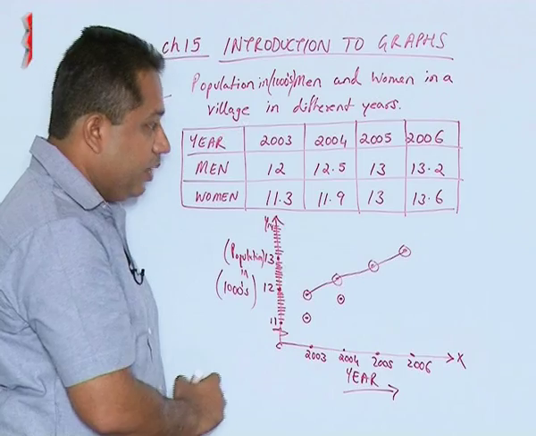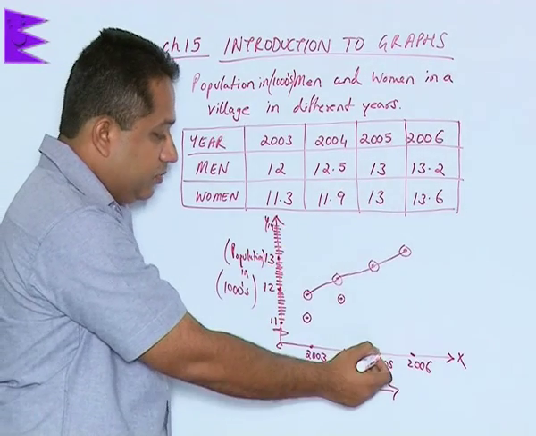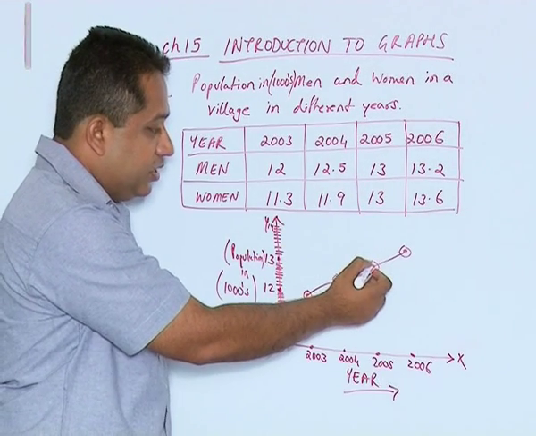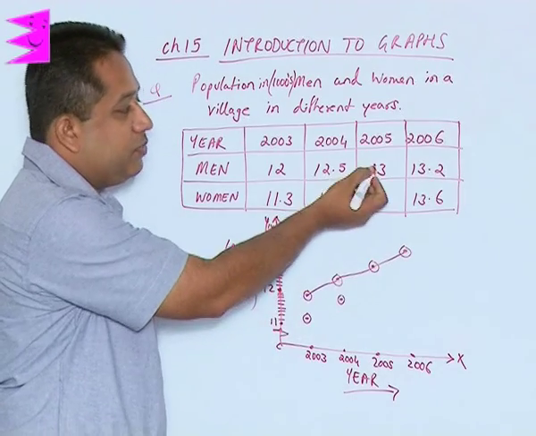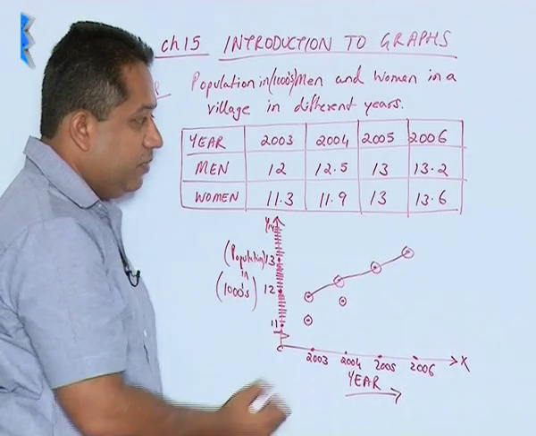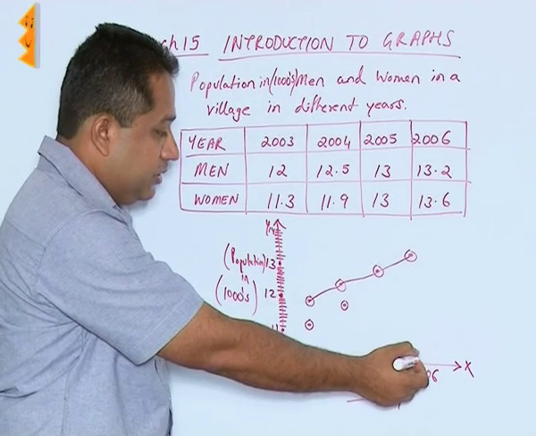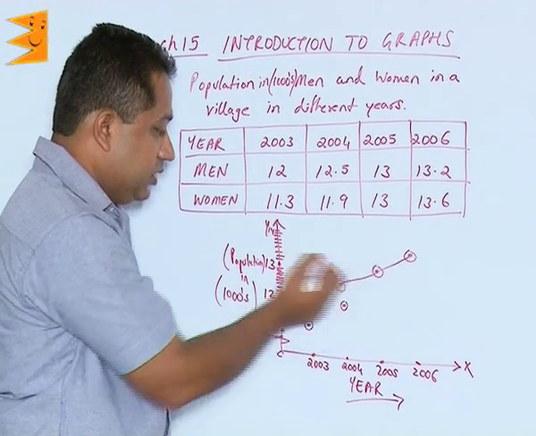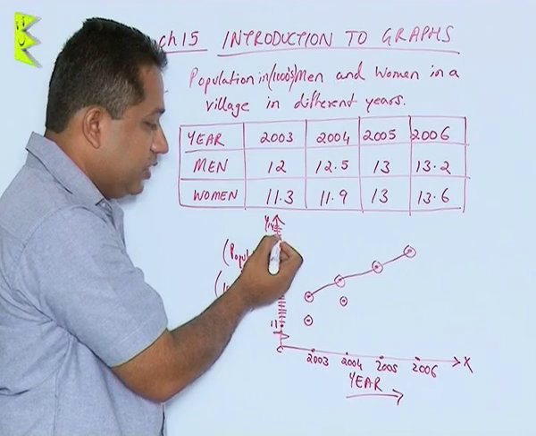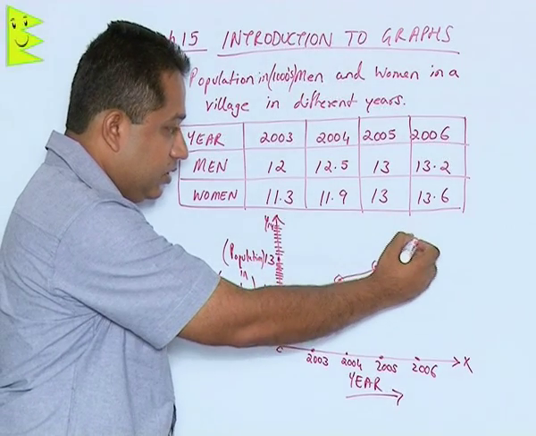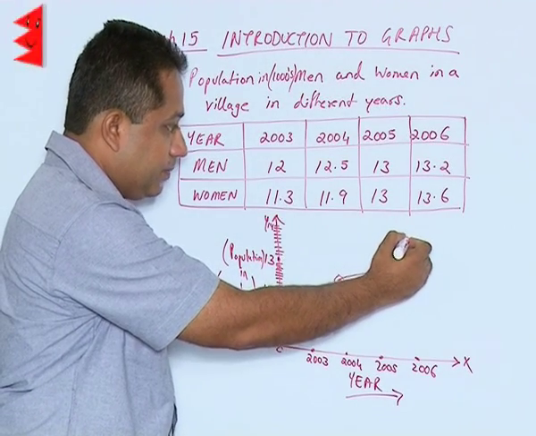So, this is the second point. Then 13 in 2005, this point is the same as before. And then finally 13.6 in 2006. That means 1, 2, 3, 4, 5, 6, the sixth division here. So, this is going to be here.